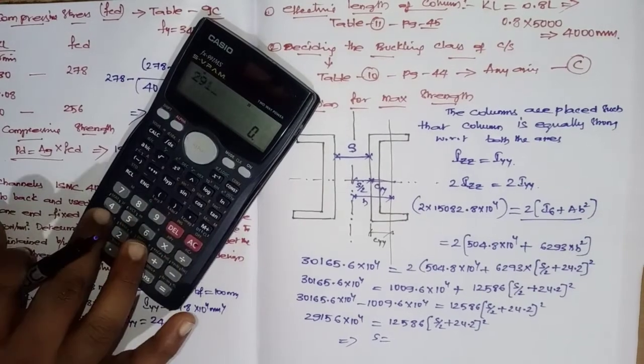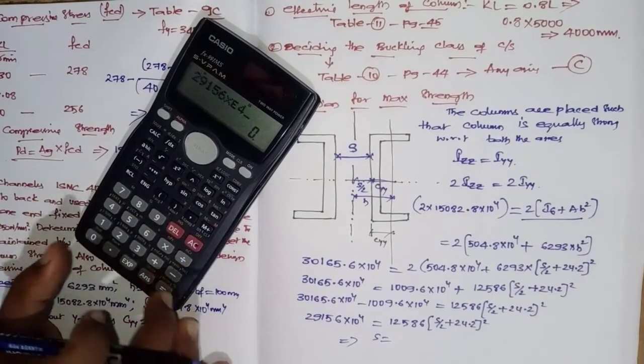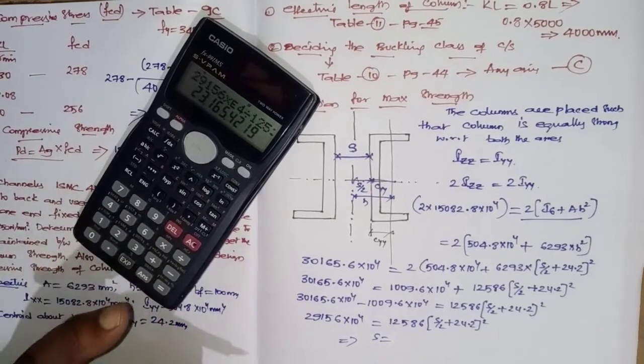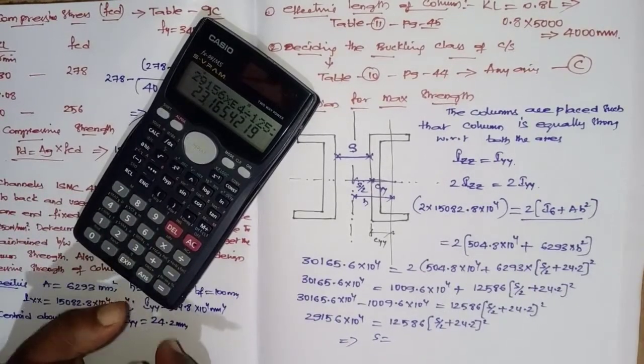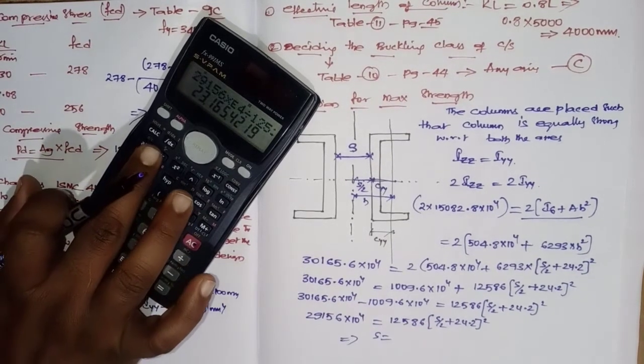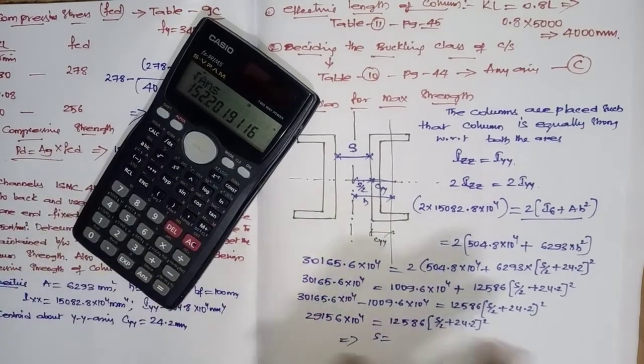12586 into 10 power 4 divided by 12586, we will be getting this one. So I will be remaining with (S by 2 plus 24.2) square. So I will take the root to remove that square.